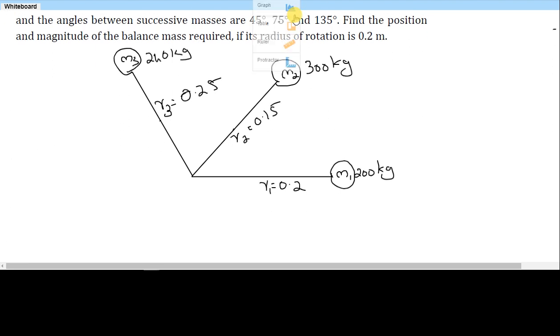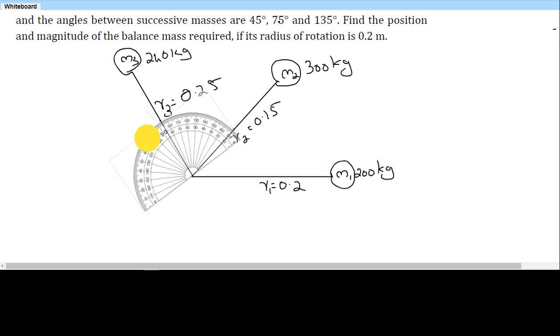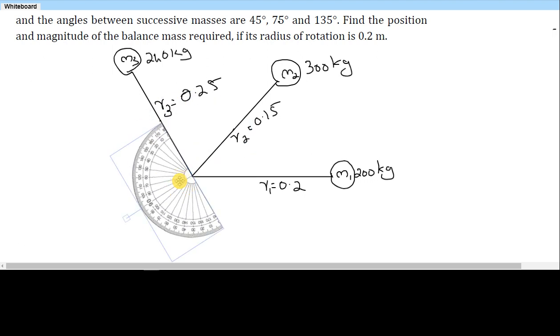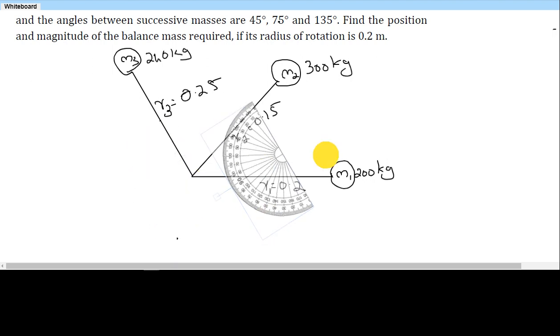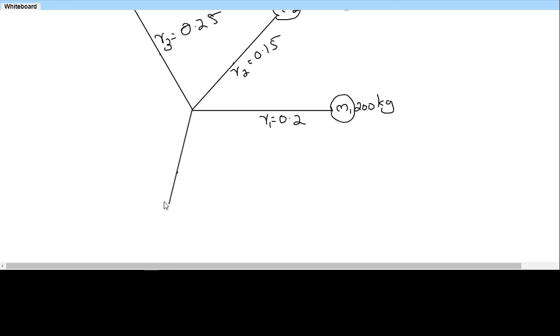Again taking the protractor, keep it aligned with the vector of M3, 135 degrees. So 0, 1, 2, 3, 4, 135 will be somewhere there. Take your line. This will be the vector representing M4.